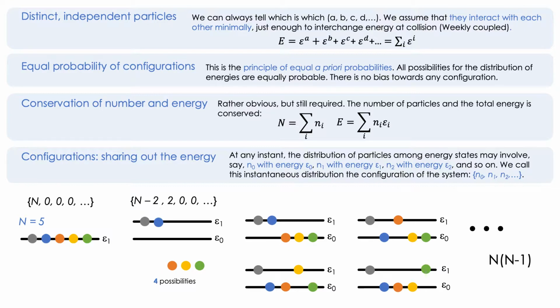However, the actual configuration in which E1 has gray-blue is equal to the one in which we have blue-gray. So we need to divide this by 2 to really account for the total number of possibilities, which in this case is 10.